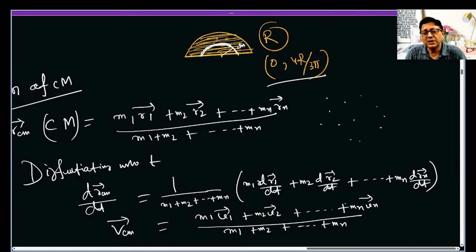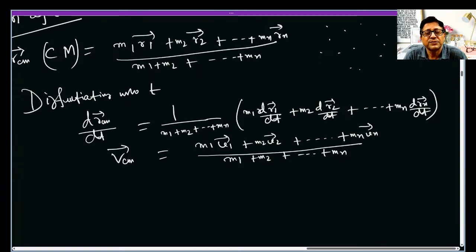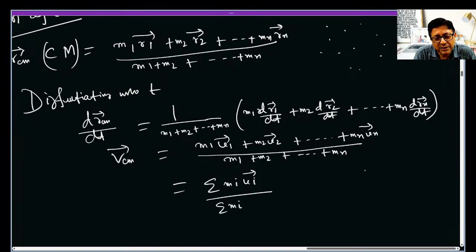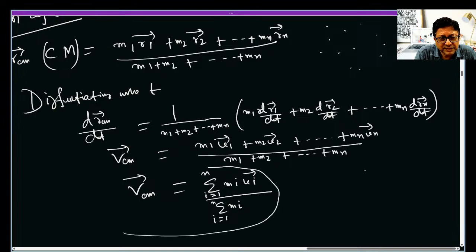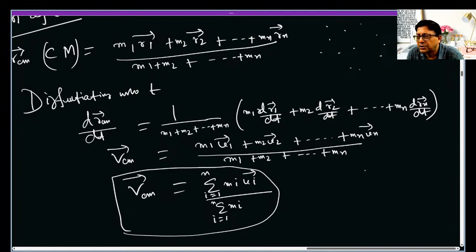Clear? This is the velocity of center of mass. This is nothing but sigma mi vi by sigma mi, i equal to 1 to n. Clear? This stands for the velocity of center of mass.